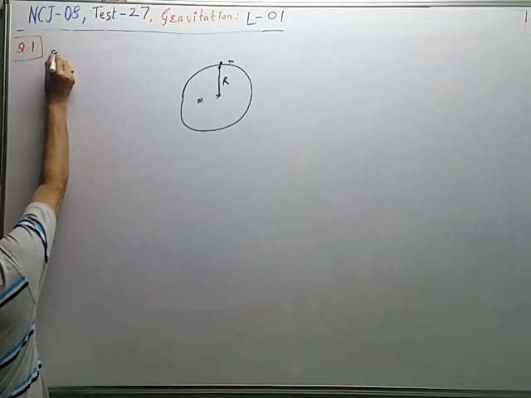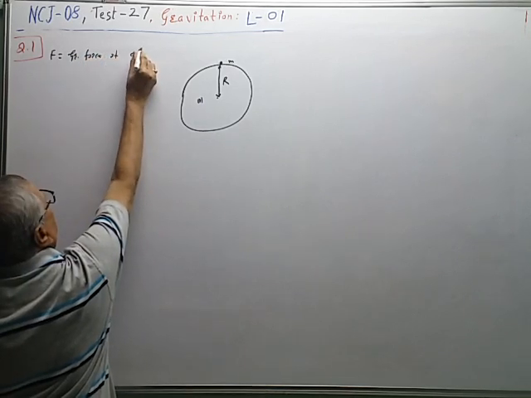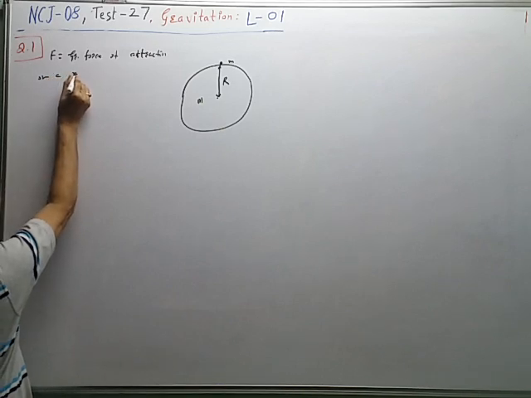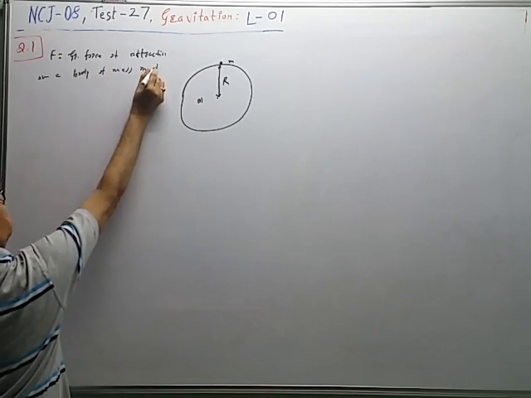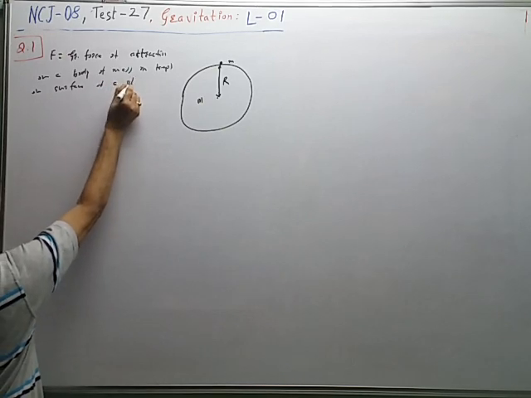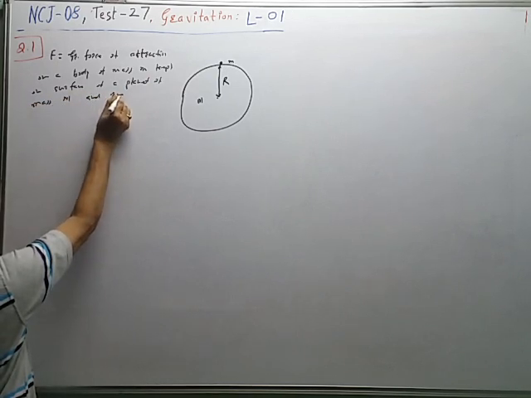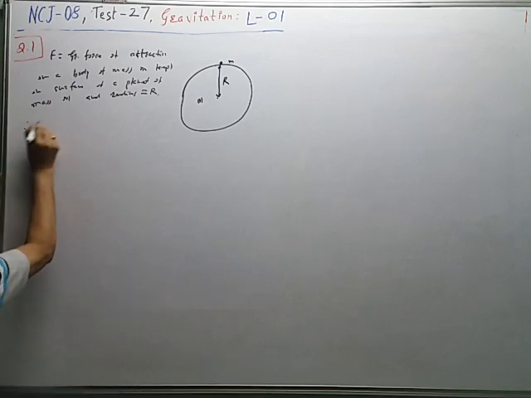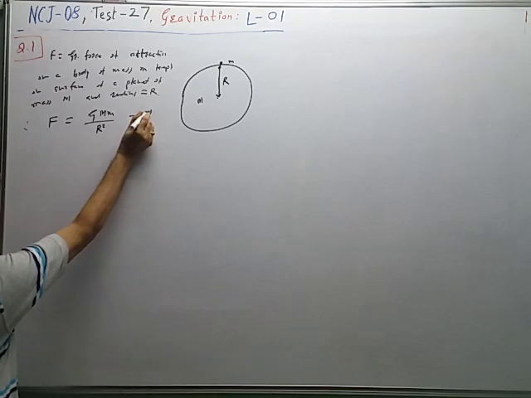So F is equal to gravitational force of attraction on a body of mass m kept on the surface of a planet of mass capital M and radius equal to R. Therefore, F is equal to GMm upon R square. This is equation 1.